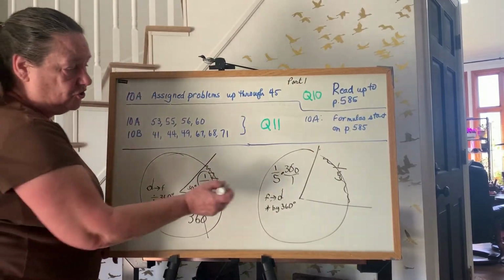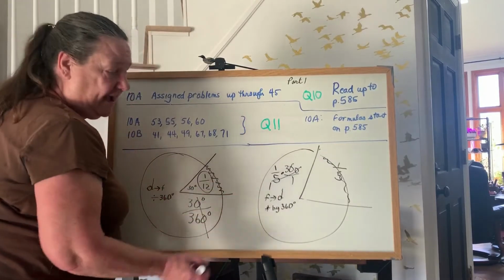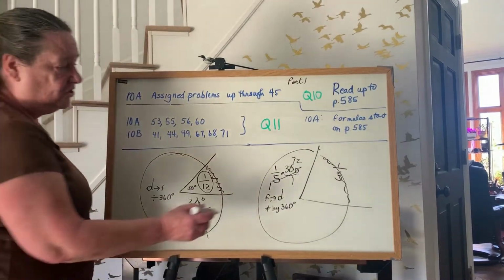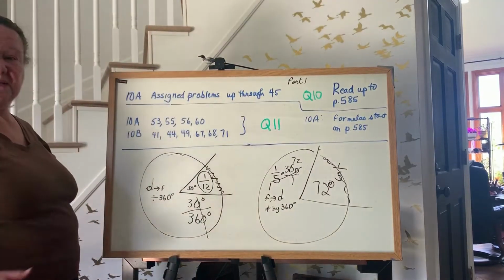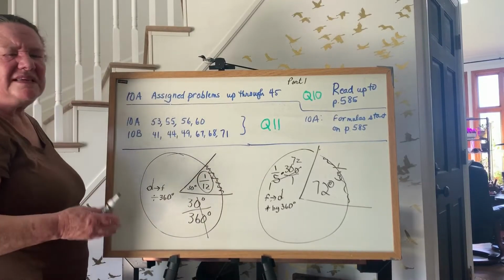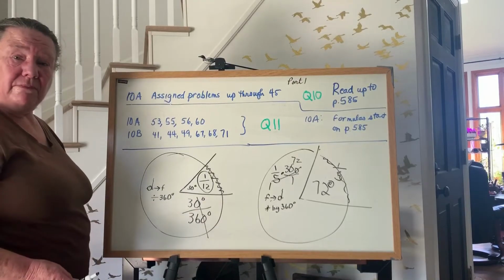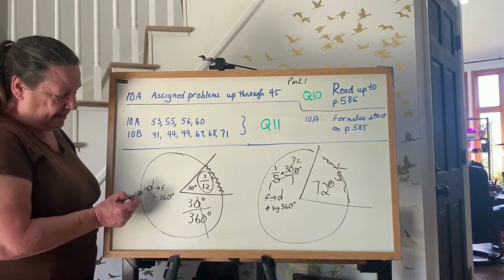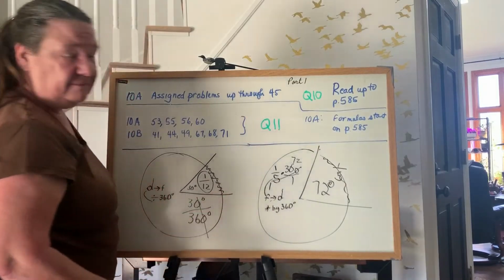So I think that you should be canceling. 5 goes into 5 once. 360 divided by 5 is 72. This is 72 degrees. Of course, you can always use your calculator. Okay? These are pretty reasonable numbers, okay? These are not hard problems. It's just knowing when to divide, degrees divide, or fractions multiply. Okay?